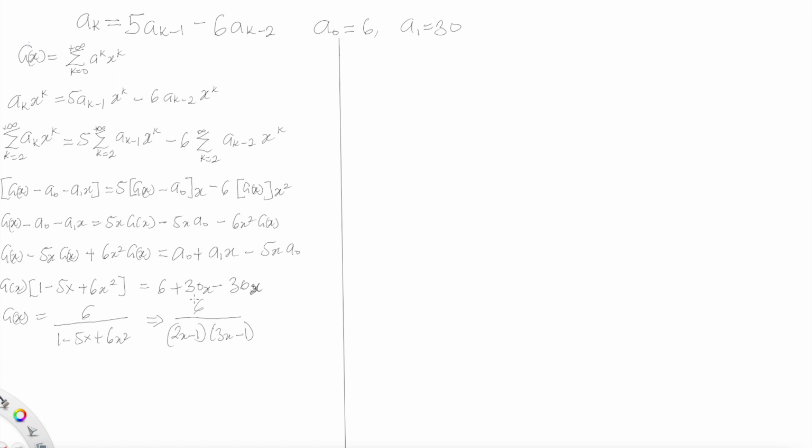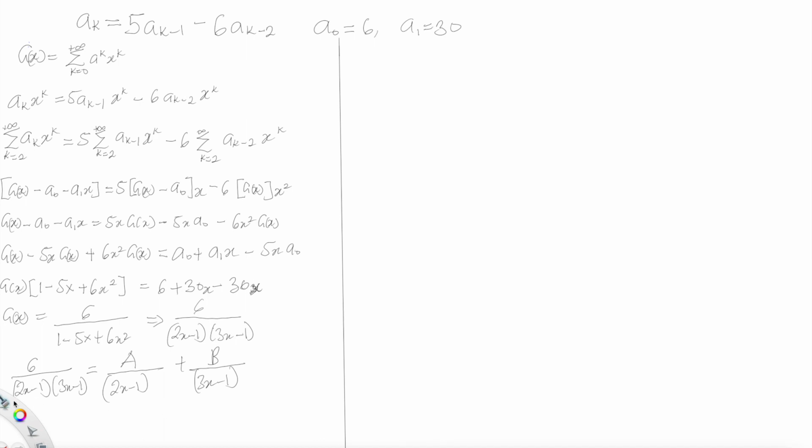So that's what g of x is. This is now a partial fraction, so we could solve it. Let me rewrite it down here: 6 all over 2x minus 1, 3x minus 1 should equal a all over 2x minus 1 plus b all over 3x minus 1. You should remember this from partial fractions of the first order.